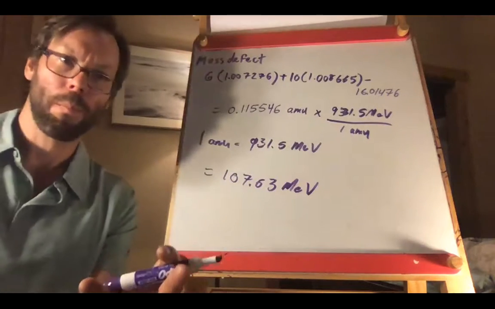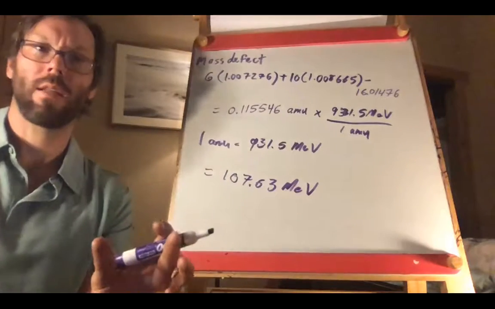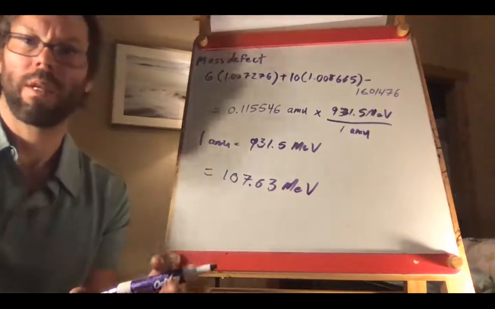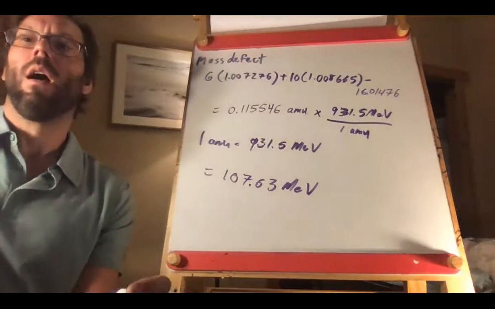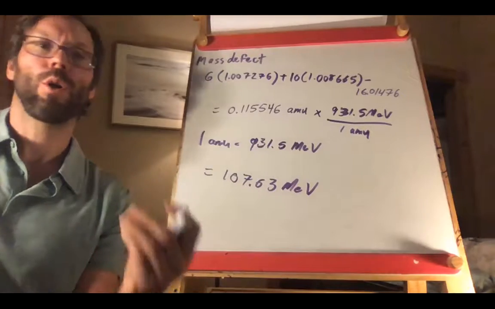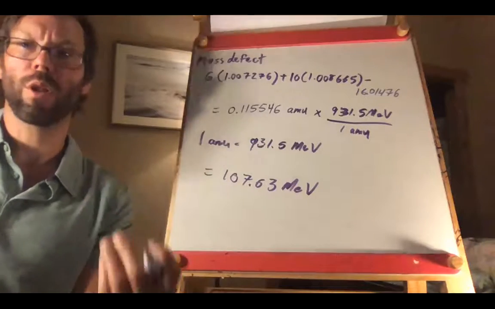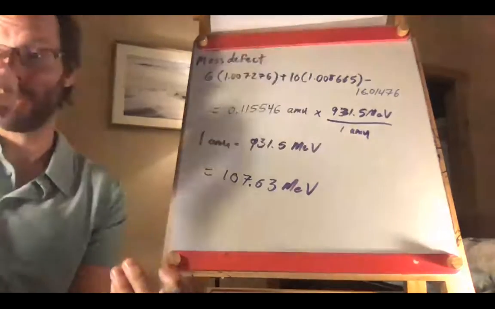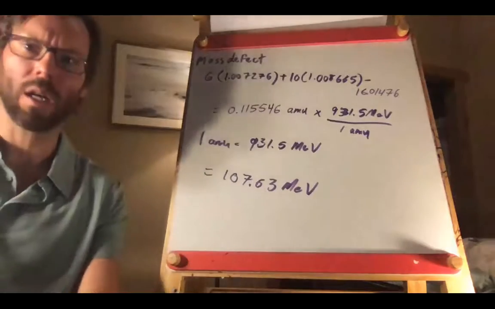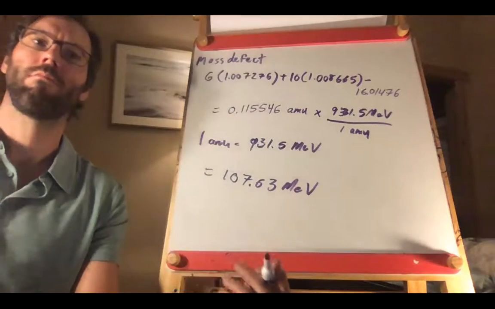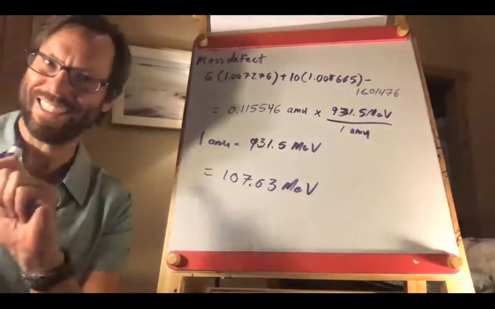But remember, it says per nucleon, right? The nuclear binding energy per nucleon. And so how many nucleons are in carbon-16? 16.